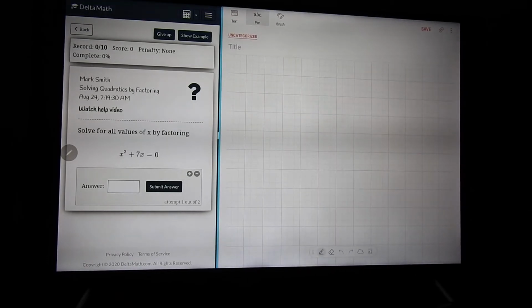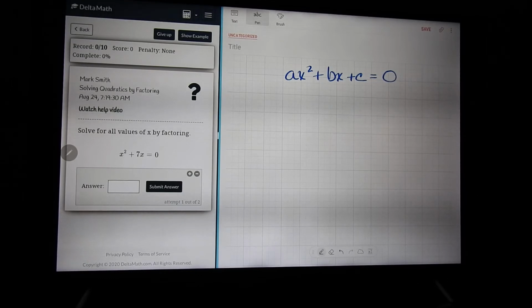All right, so for you, this says x squared plus 7x. But first, let's look at our standard quadratic equation, to try and find our zeros. We have x squared plus 7x, and notice that there's something missing here.